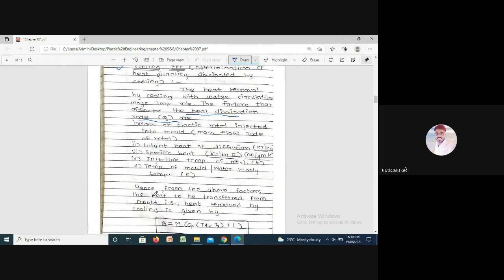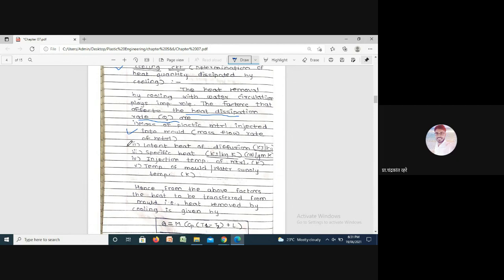Let us see what they are. First one is the mass of plastic material injected into the mold, meaning plastic powder. We can call it the mass flow rate of the material. Keep in mind that this is the first parameter.